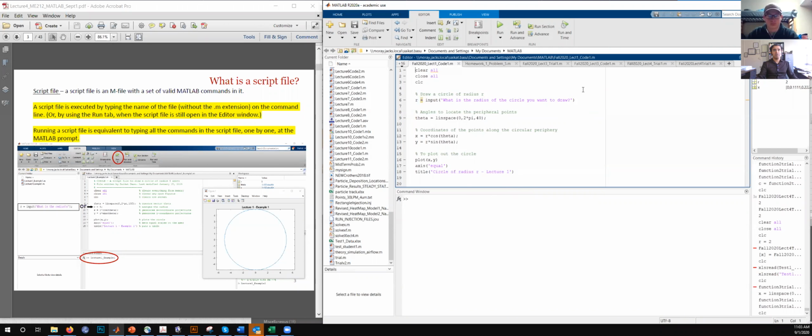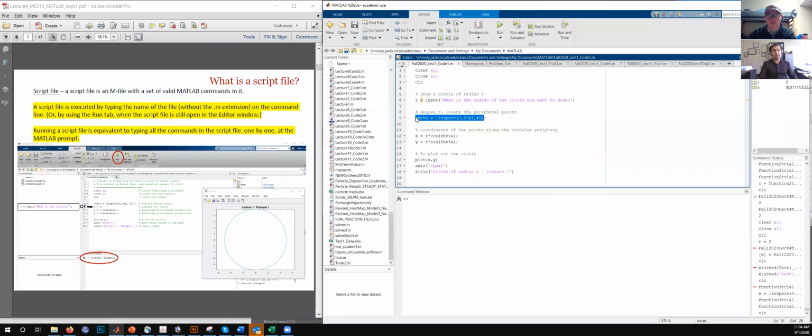So if you don't remember this file, just go back to lecture one. But essentially what we did is this: we are trying to draw a circle for a certain radius r. This line over here is giving MATLAB the information on what that radius is going to be. Then to draw the circle, we had to figure out the coordinates of all different points along the circumference, and to figure out the points, we need to know the angular location of that point as well.